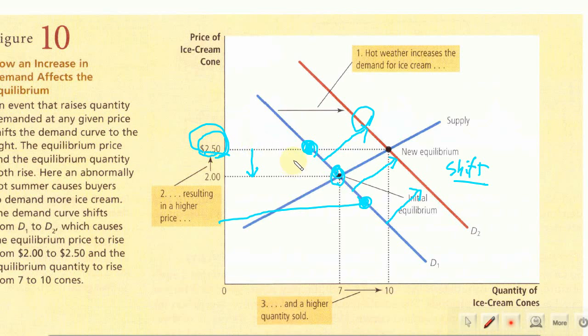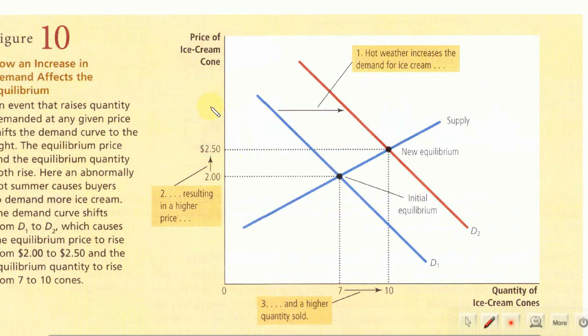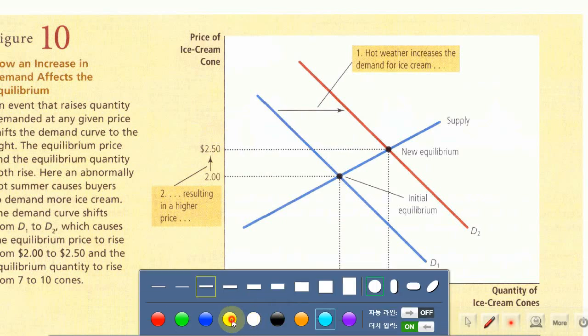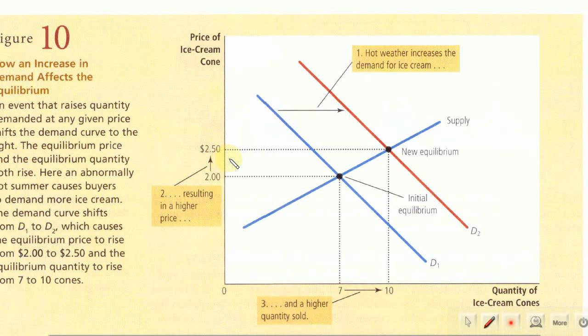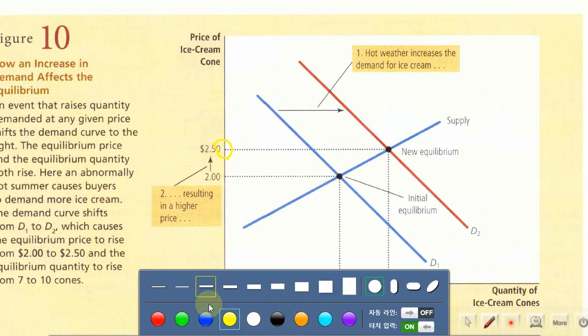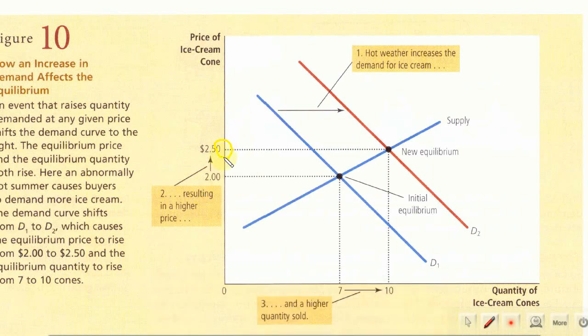But in this case, the price is fixed here. 2.5 is not changed. Even here and here, the price of 2.50 is the same, with no change in pricing.